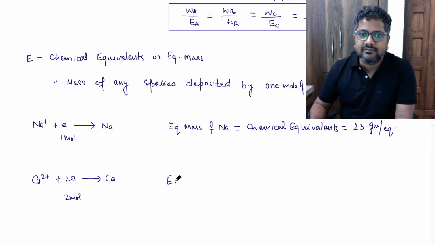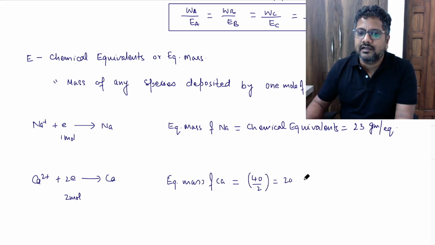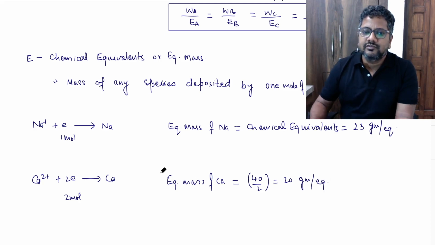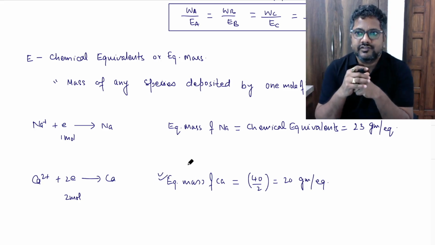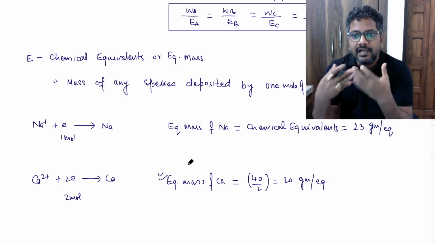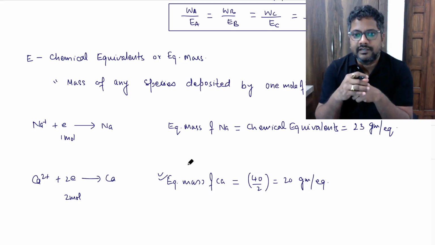So the equivalent mass of calcium, or calcium 2 plus, is equal to 40 divided by 2. So this is 20 grams per equivalent. So this is the meaning of chemical equivalents.